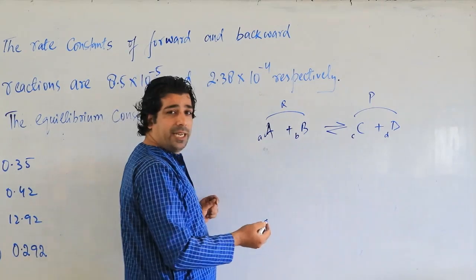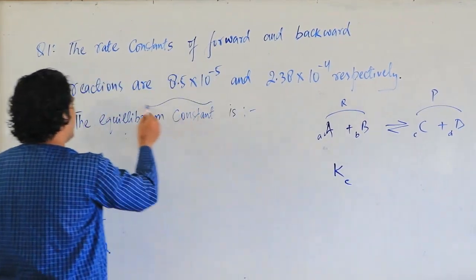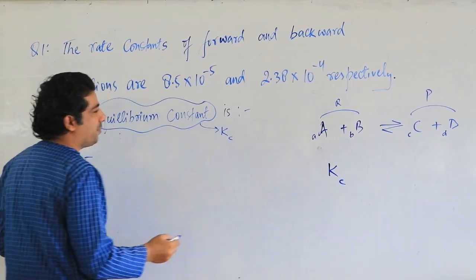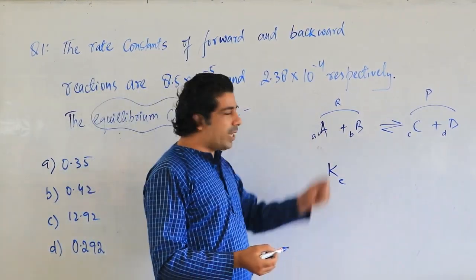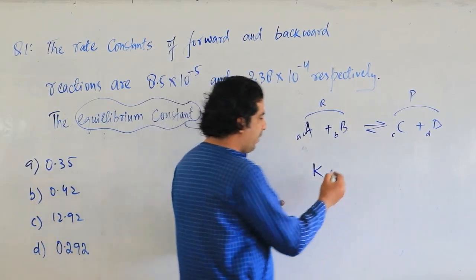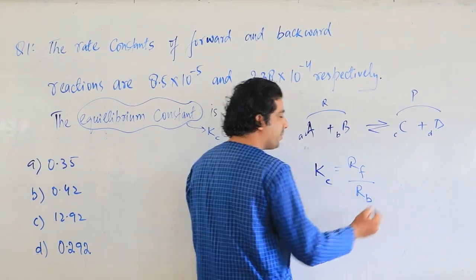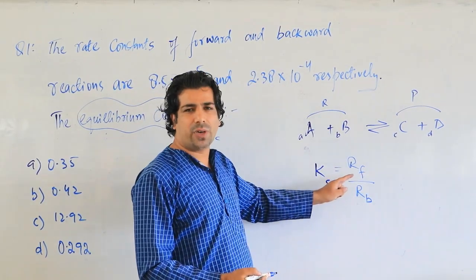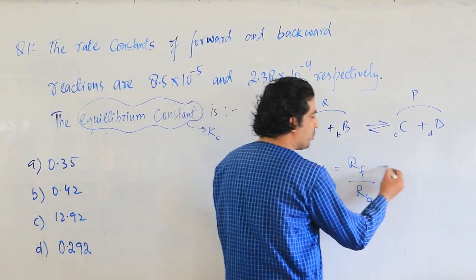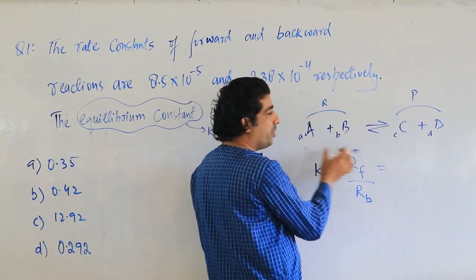If I write down the equilibrium constant for this, Kc, that is what I have to find out. The equilibrium constant for any reaction which is at equilibrium will be equal to Rf divided by Rb, that is the rate constant for the forward reaction divided by the rate constant for the backward reaction, which is equal to the molar concentration of products divided by the molar concentration of reactants.